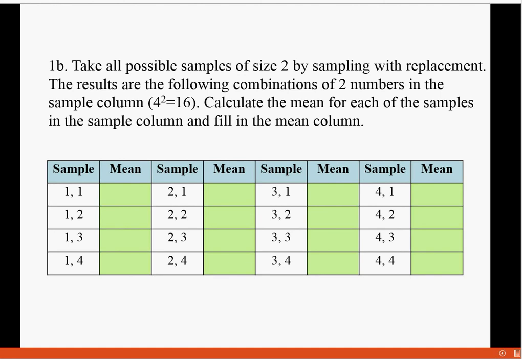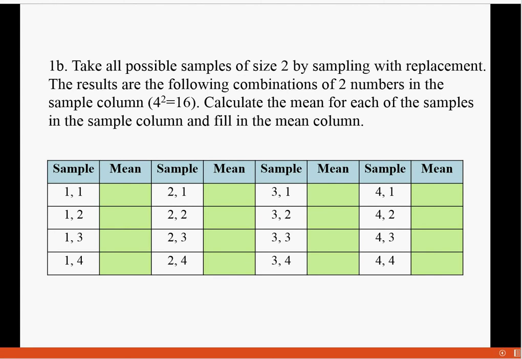1b, take all possible samples of size 2 by sampling with replacement. Now let me explain this concept a little bit. Taking a sample of size 2 means that you take two numbers, and two numbers constitute a sample.